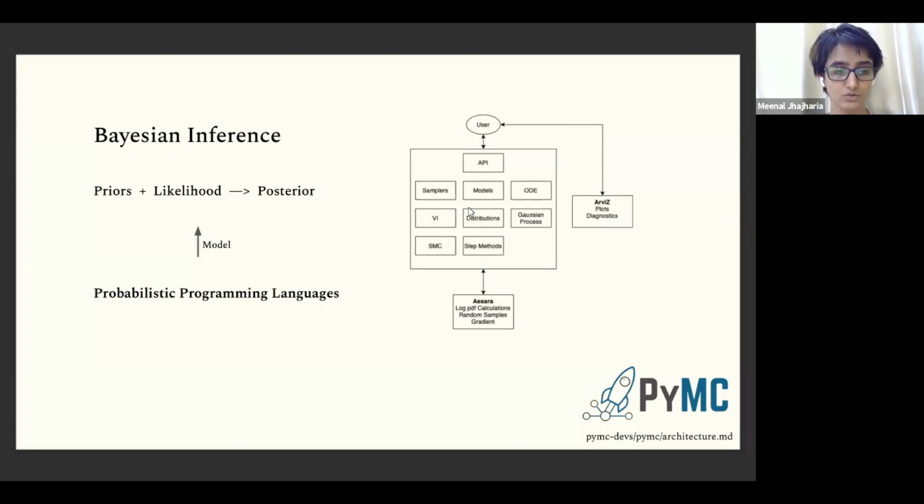So the goal is to create procedures with those long-run frequency guarantees. But in Bayesian statistics, the probabilities are interpreted as subjective degrees of belief, and the goal is to state and then analyze your own beliefs. So you basically have some beliefs and you update them, and then you get your posterior distribution.